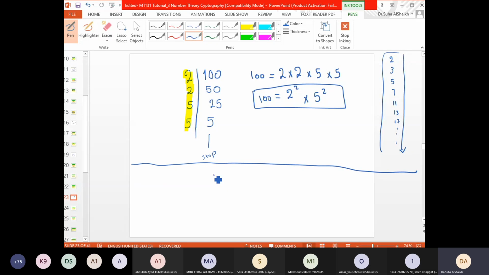Let's try one more example. We had 999. If I want to factorize 999, again I come to my primes, from small to large, and start trying. Does the 2 divide the 999? No. Then I try the 3. Does it?